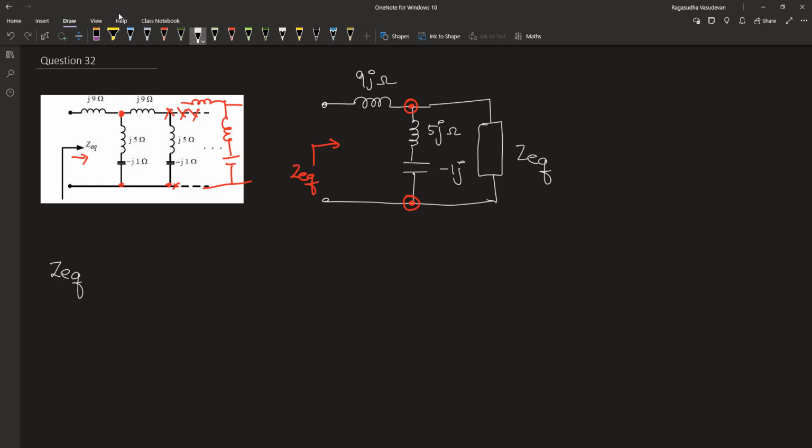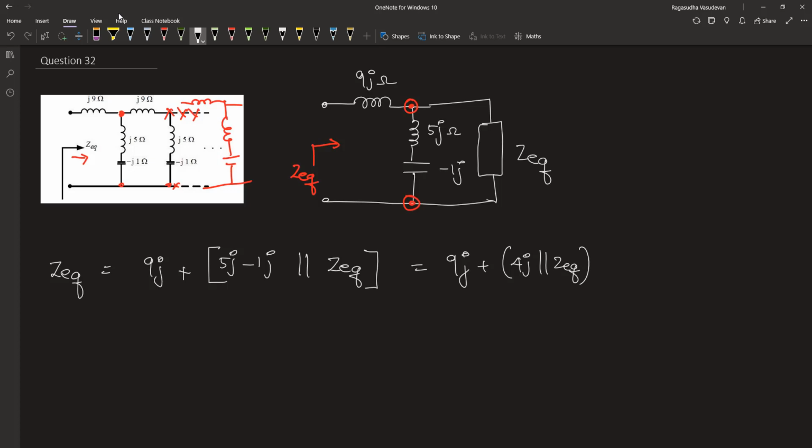The equivalent impedance is given by 9J plus the parallel combination of 5J minus 1J in parallel with ZEQ, which is equal to 9J plus 4J parallel with ZEQ. Therefore, ZEQ is given by 9J plus ZEQ into 4J divided by ZEQ plus 4J.